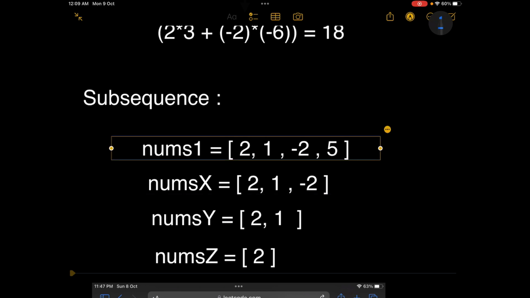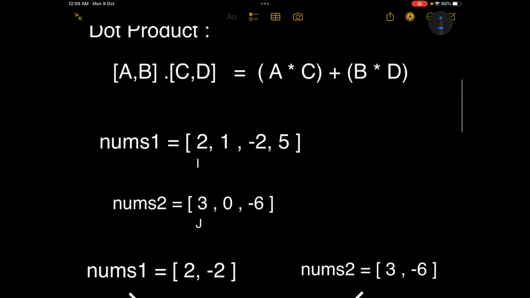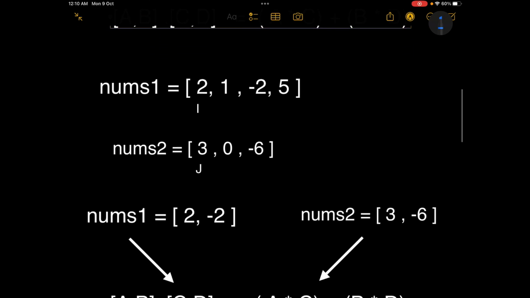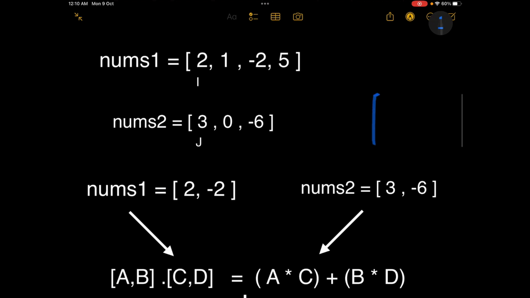Now that we have understood how a subsequence is created and what a subsequence is, let's go to what a dot product is. Basically this is the formula for dot product. To find the dot product, we are going to see the first example given in our question, with all the elements of nums1 and all the elements of nums2.